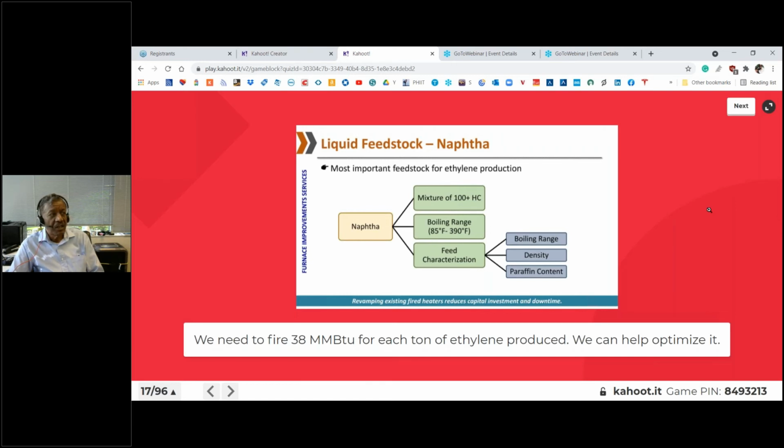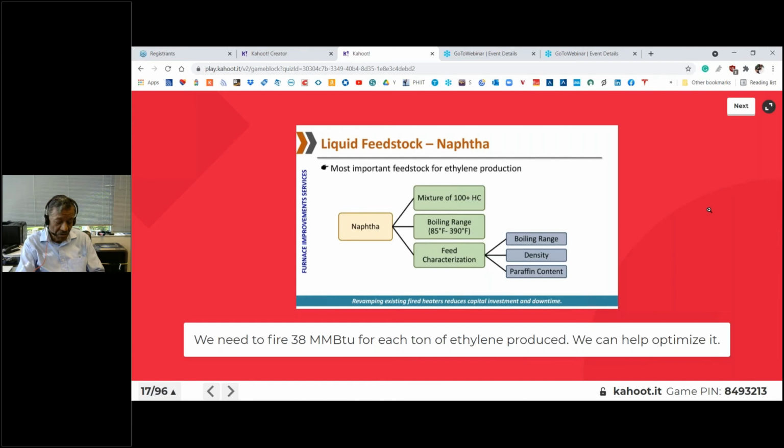It is a mixture of more than 100 hydrocarbons, boiling range in the range of 85 to 390 degree Fahrenheit. Typically, naphtha ranging from 85 to 200 is called light naphtha. 200 to 390 is called heavy naphtha. And full range naphtha is between 85 to 390.